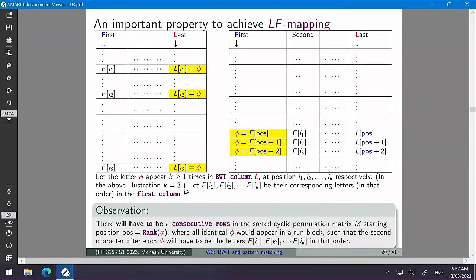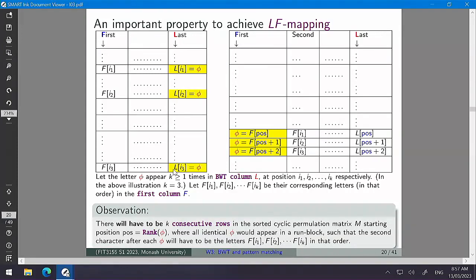So let's assume that there's a character called phi that appears any number of times, let's say 3 times in this example, okay? The observation is saying that if you have a sorted column, the first column is always sorted, right? If you have a sorted column, those letters will have to be in a block in the first column.